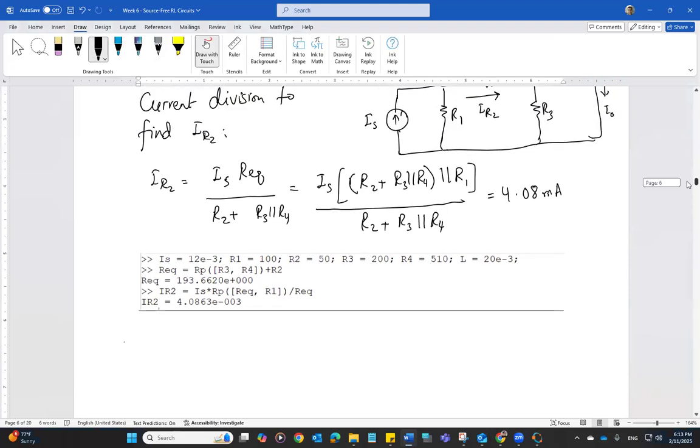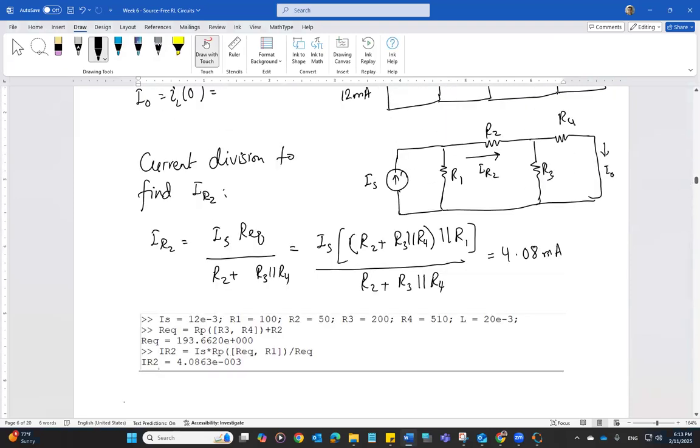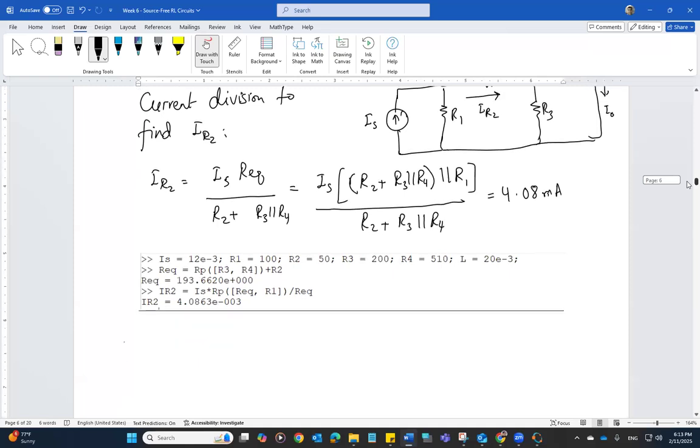Okay, so now since we know IR2, that IR2 is going to be divided between R3 and R4, and we're going to go ahead and get the current that is passing through R4. Therefore, I naught, which is the current passing through IR4, is equal to, using again current division, IR2 is the total current, and the parallel combination between R3 and R4 are equivalent, divided by R4.